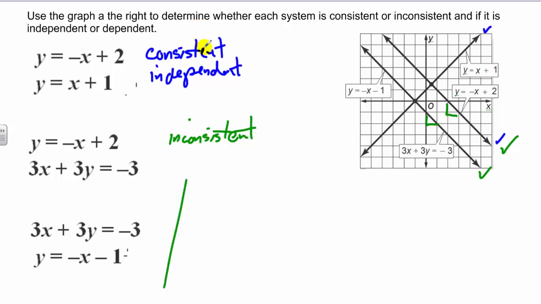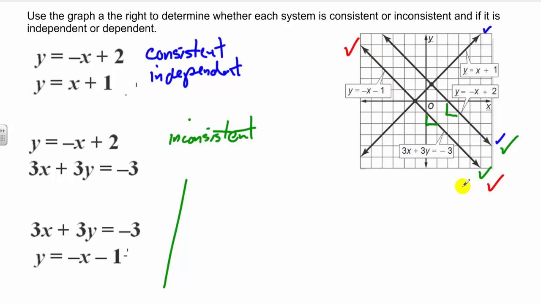And finally, let's use red. So in red, we now have this 3x plus 3y equals negative 3, and this negative x minus 1, which is right here. And we notice that, hey, wait a minute, these are the same line.